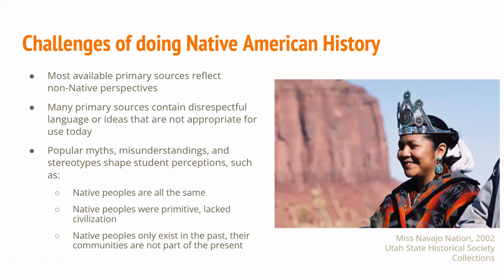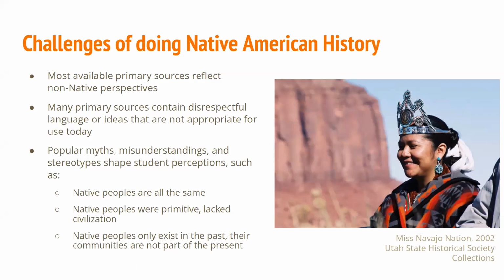But being aware that most of the available primary sources from the time period, and if you use just the Bear River Massacre as an example, that's a good example, they reflect non-Native perspectives. I mean, the Army report, the newspaper reports, local accounts. These are written from the perspective of white people, right?